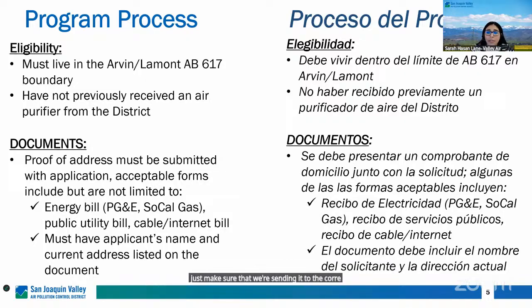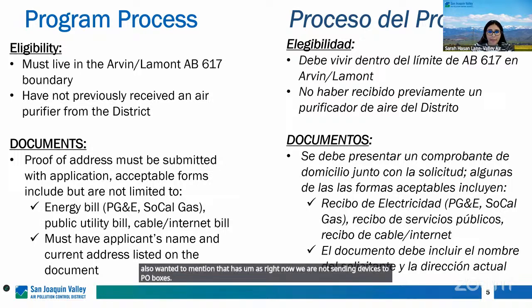I also wanted to mention that as of right now, we are not sending devices to PO boxes. So if you do have a PO box, you can still attach your proof of residence, and when you go through the application portal, you can select to ship to a different address.